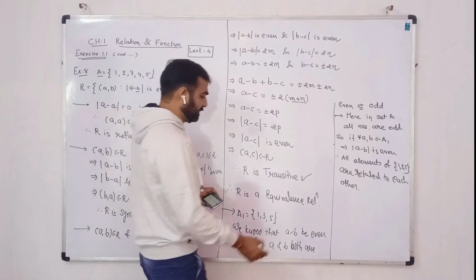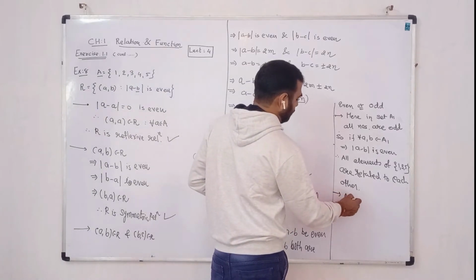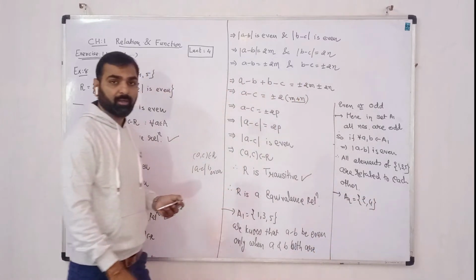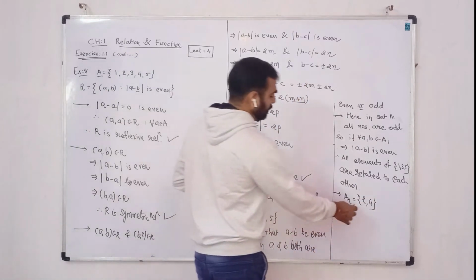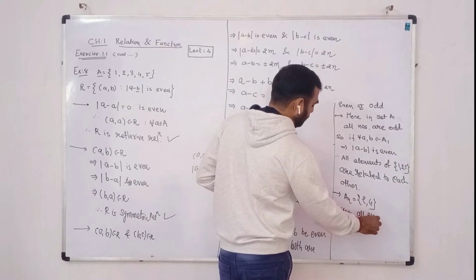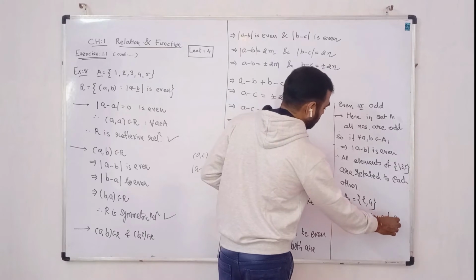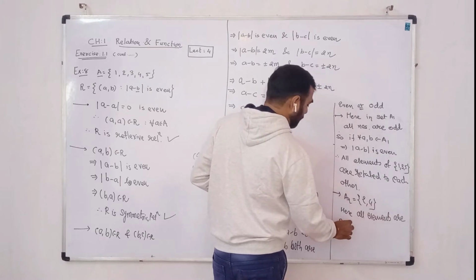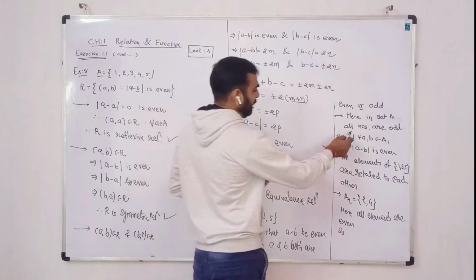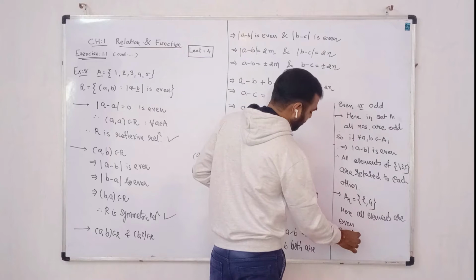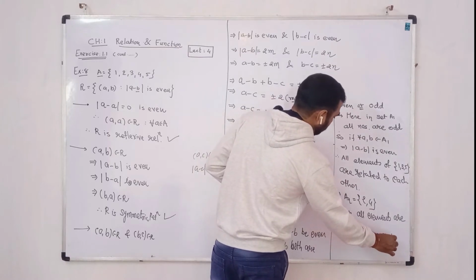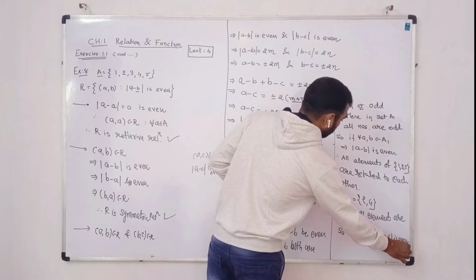Same as if A2 is equal to {2, 4}, here we have even numbers, so all elements are even. So for every A, B belonging to A2, that implies mod of A minus B is even.